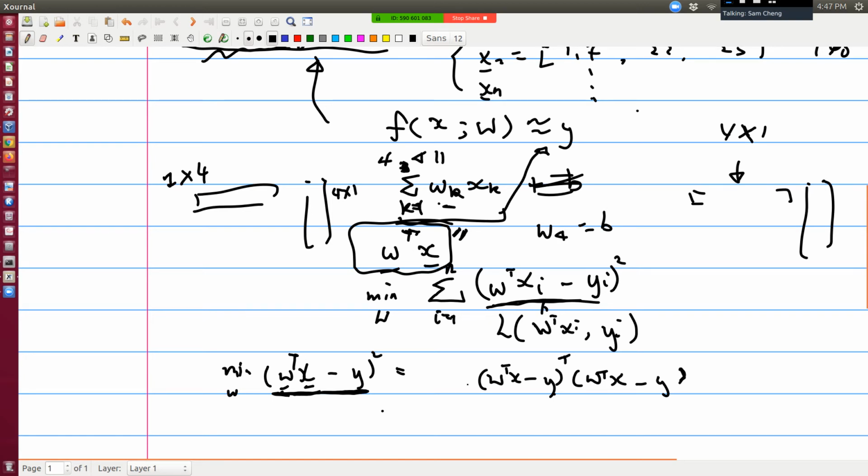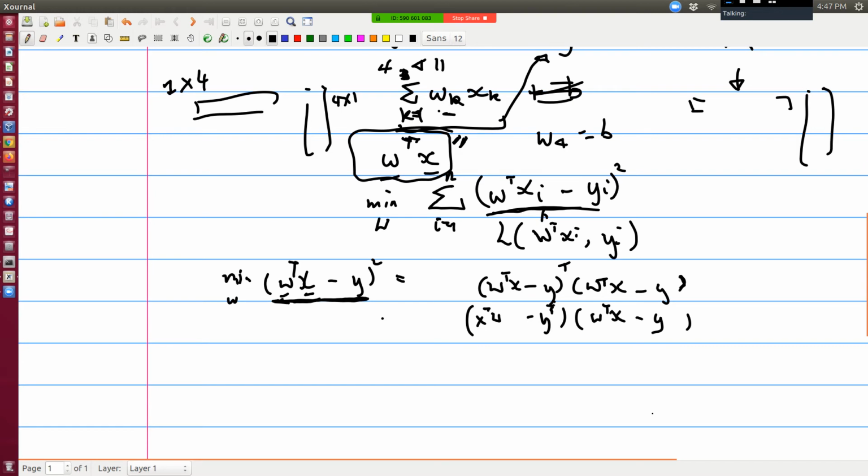So I multiply this together. If I do a transpose of this, it's y transpose minus x transpose w, multiplied with this, w transpose x minus y.